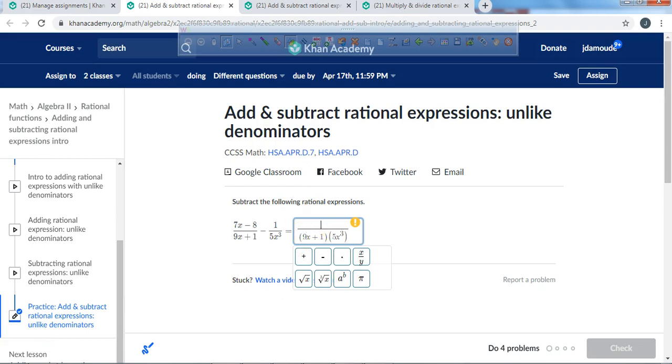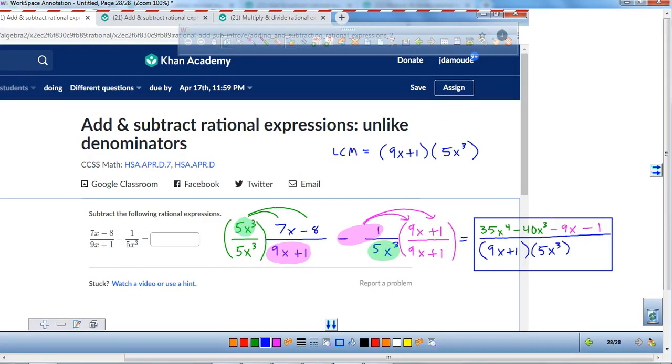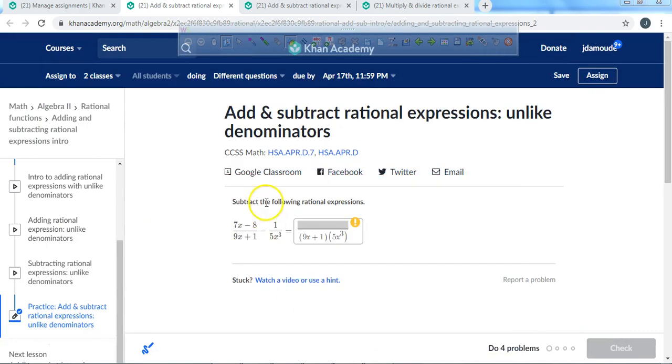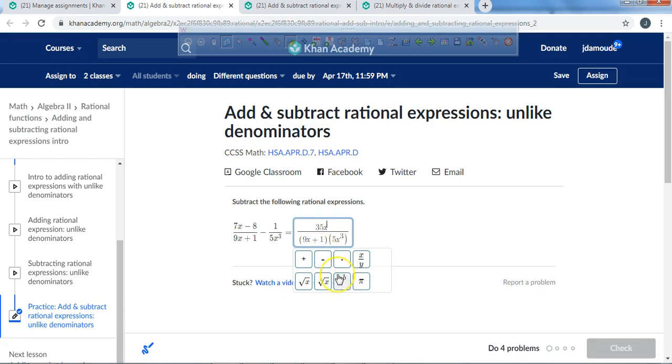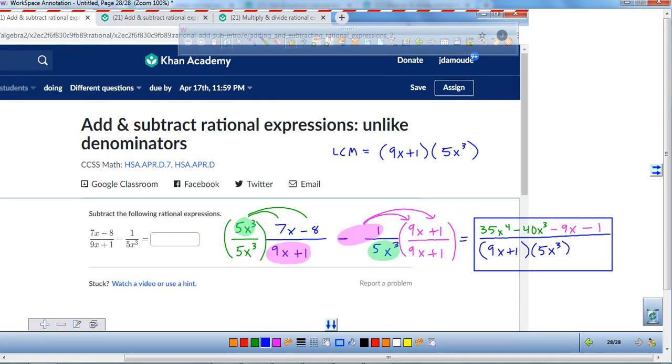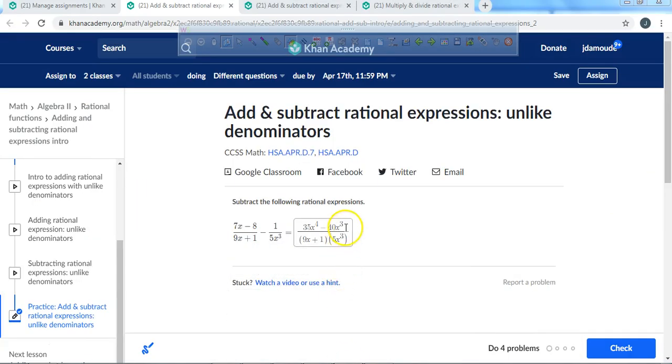And up here in the numerator, look at how long we've got. 35x to the power of 4 minus 40x to the power of 3, or x cubed. Alright, and then what did we finish it off with? We finished it off with a minus 9x. Minus 9x. Minus 1 more.